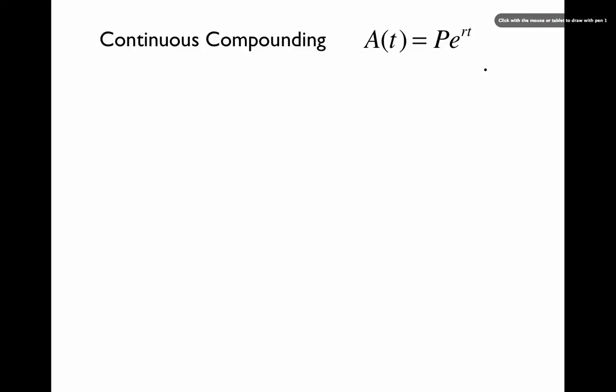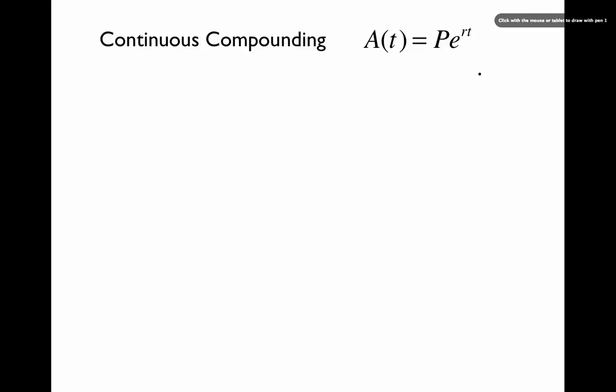What's r? Rate. So what kind of rate is that? This is the key. It's a rate as a decimal. Is it APR or APY? APR. Is that the true percent increase per year? No. So in this formula, that r is the APR. It's not the true percent increase per year.